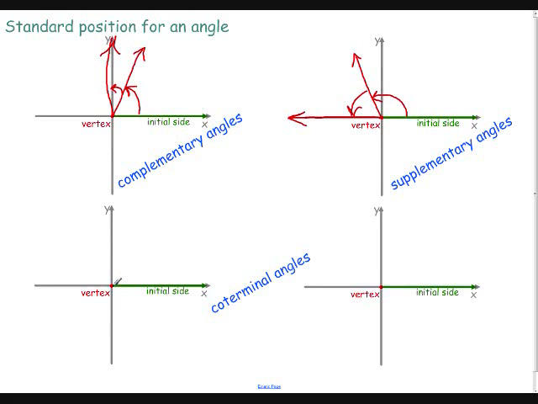Coterminal angles. Oh, this is a good thing to talk about. Suppose I have this angle here, which looks to me, let's say it's 45. And one of the things you better be careful of, my drawings are not necessarily precise, but we're going to say this one is 45 degrees. All right.